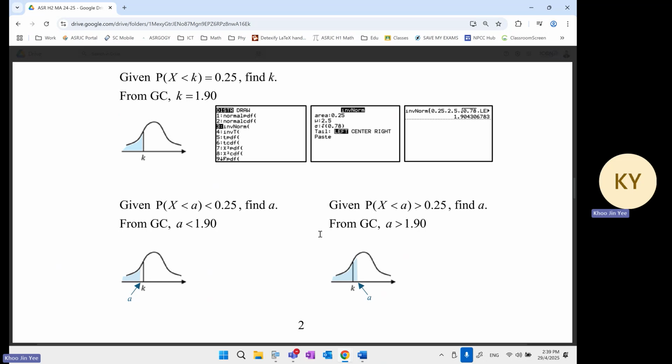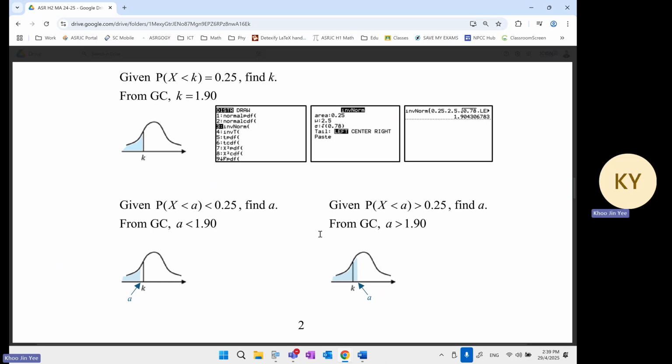The first thing that we should do is treat it as equal first. Assume that this is equal, and we find our value k first, which is 1.9. One more time: we assume that this is equal, and the unknown that we find, this k, is going to be 1.9.